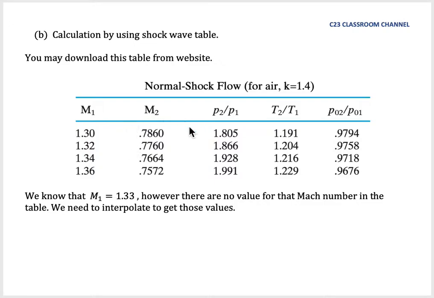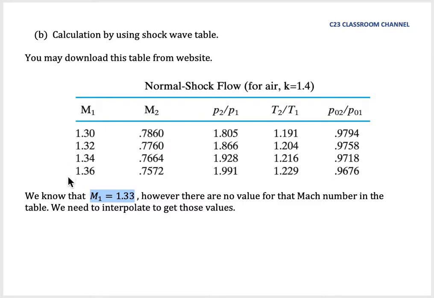Then from this table, first we need to calculate the value of Mach number 1, which is equal to 1.33. The value of Mach number 1 equal to 1.33 here is actually not listed in this table.